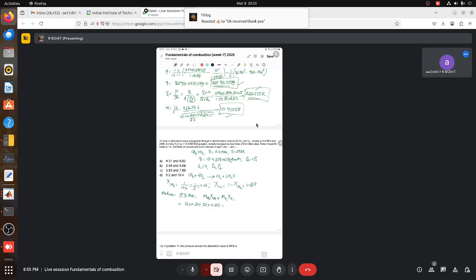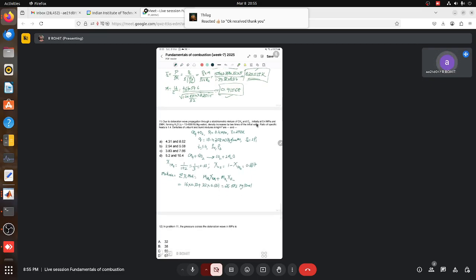If you do, you will get close to 26.672 kilogram per kilomole. Now why we want the mixture molecular weight, we will see.